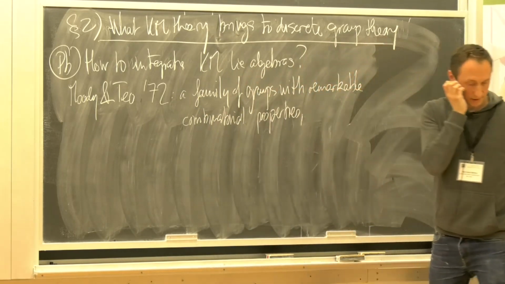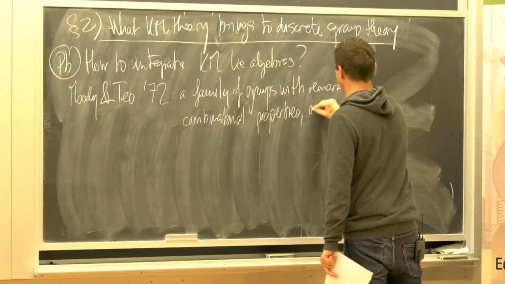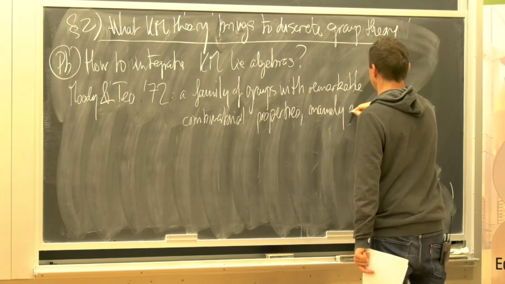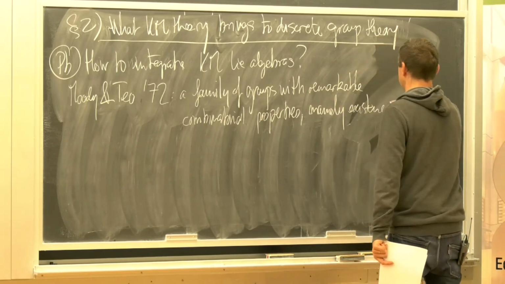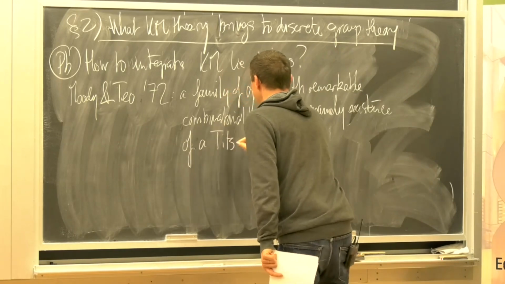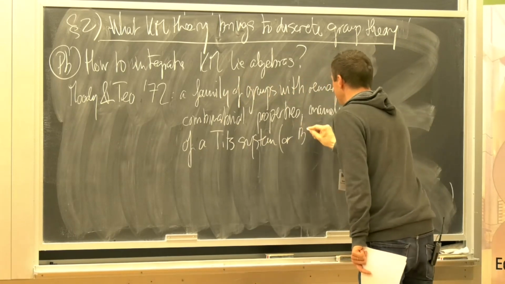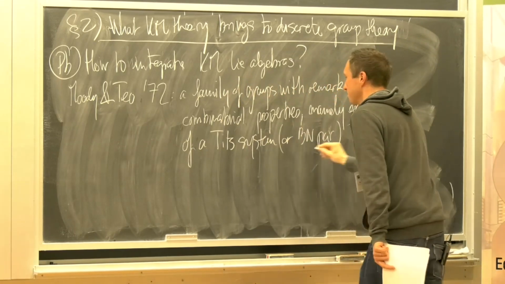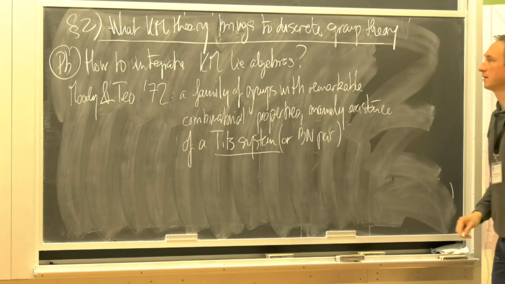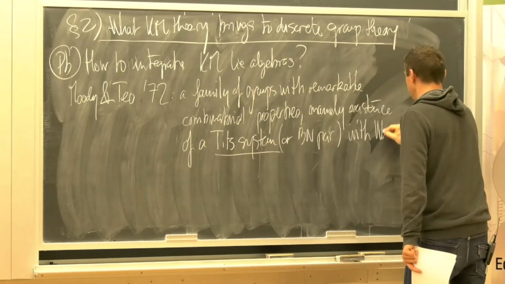Namely, existence of what is called the Tits system or BN pair. Tits system, BN pair, this is the same, with Weyl group W as before.